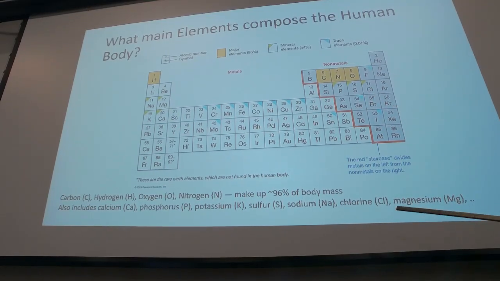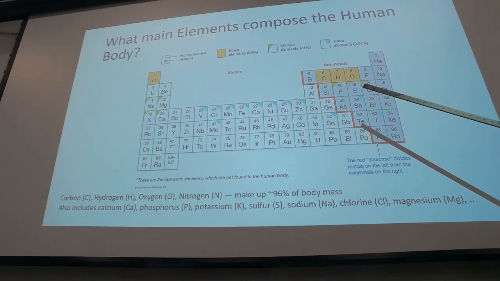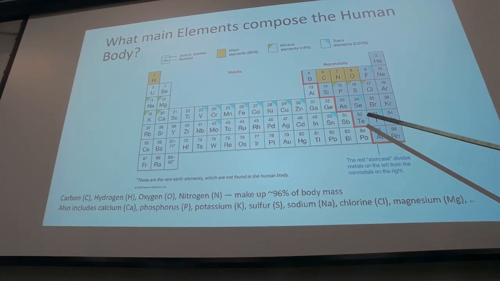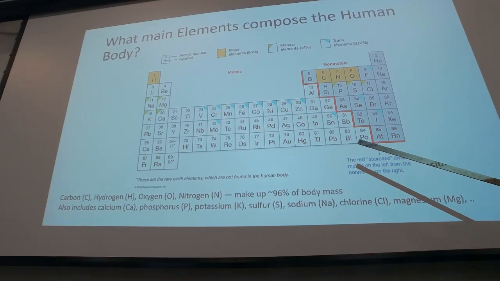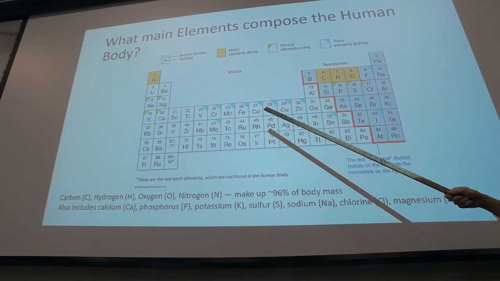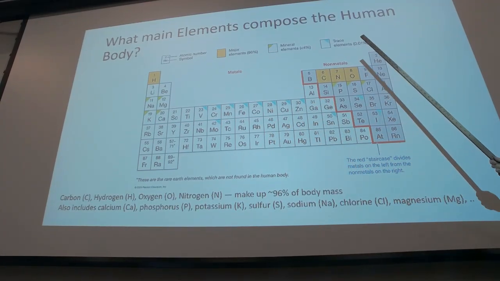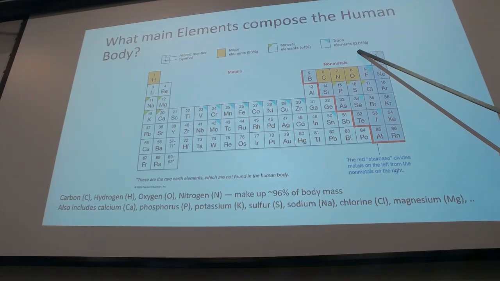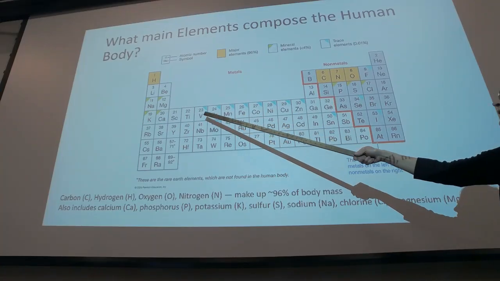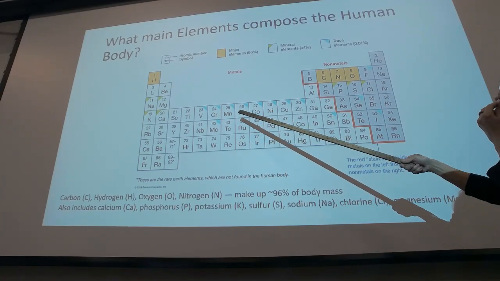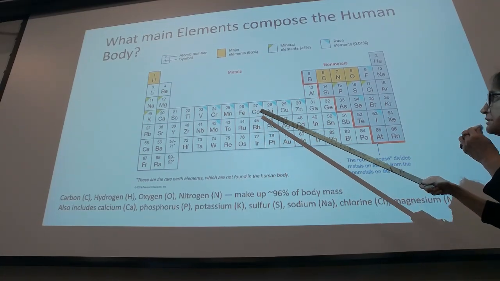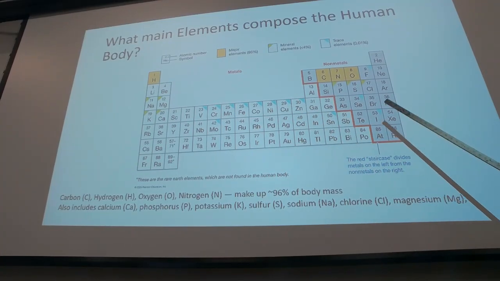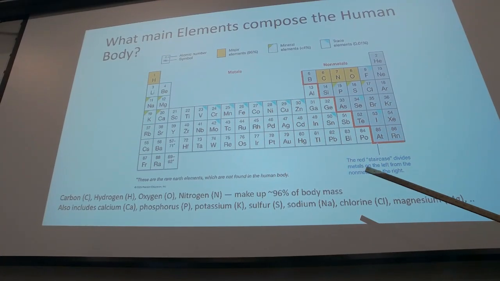And now we have trace elements that can be metals or non-metals, this is sulfur, sorry, and they are trace elements because they make less than 0.01%. So we have here, for instance, vanadium, chromium, magnesium, iron, cobalt, nickel, copper, zinc, molybdenum, strontium, iodide, selenium.